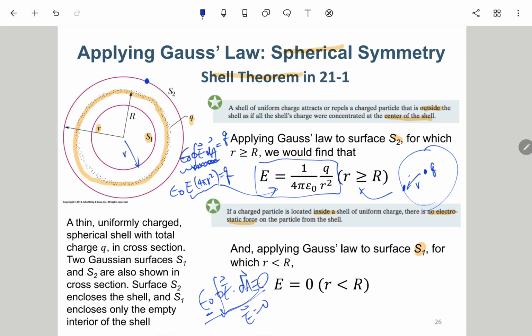It cannot be the case that a part of it is positive, parts of it are negative, and they cancel each other, because it is symmetric. So the E field should be uniform over the whole surface of S1.